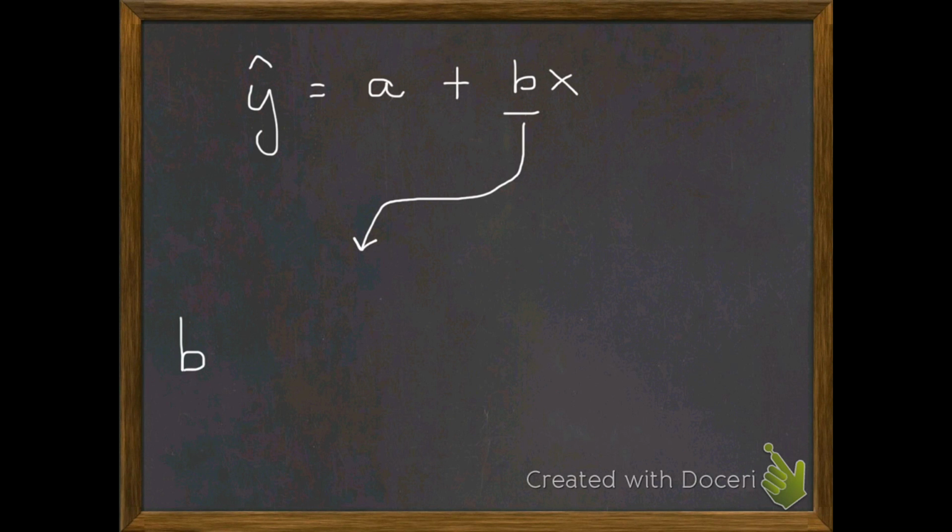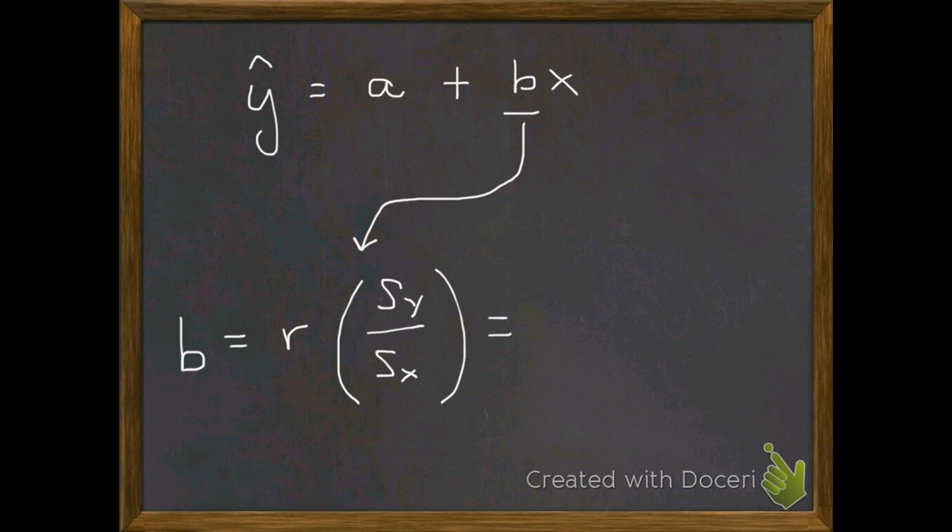So guys, our regression model again is y hat equals a plus bx. And it turns out we'll find this one first. It turns out that we can find our b value by taking our correlation coefficient times the ratio of the standard deviations, making sure that we put the standard deviation for y on top.